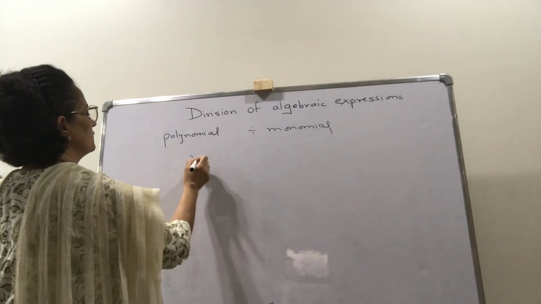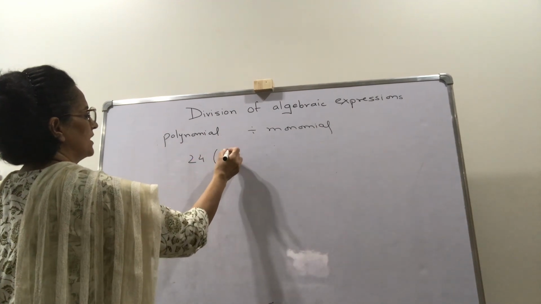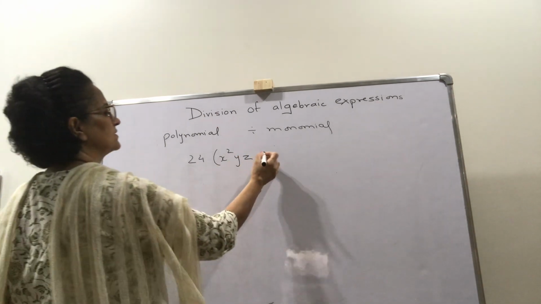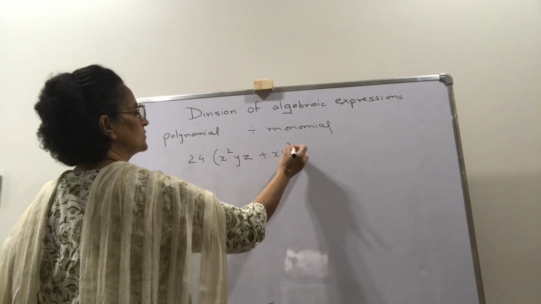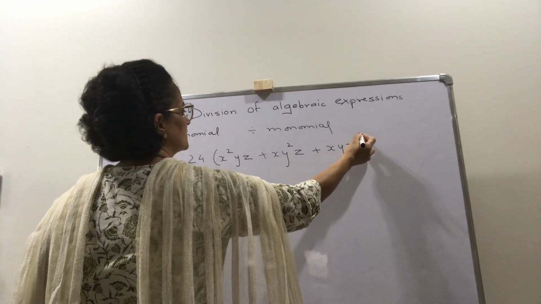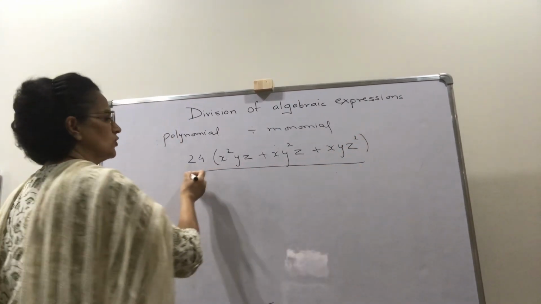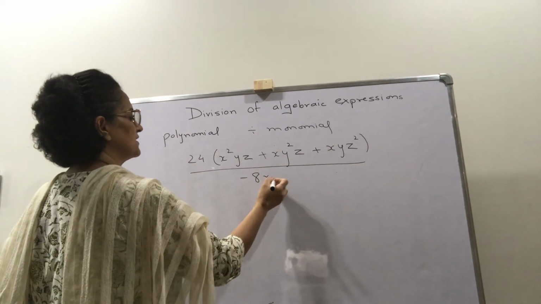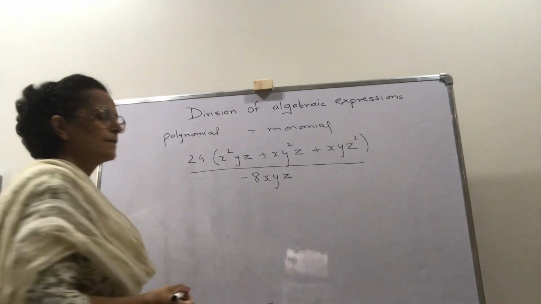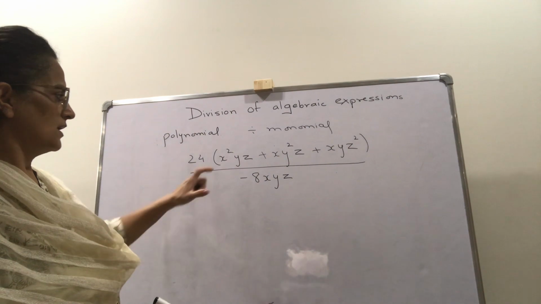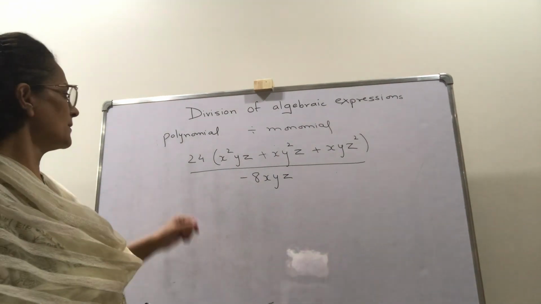So I am taking 24x square yz plus xy square z plus xyz square, and in the denominator we have minus 8xyz. Now I'll do this in two different ways. Let's understand the first way.